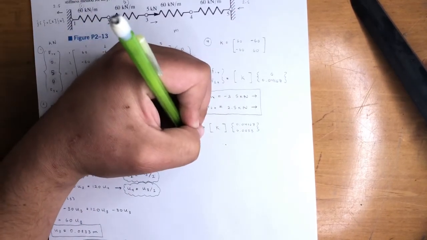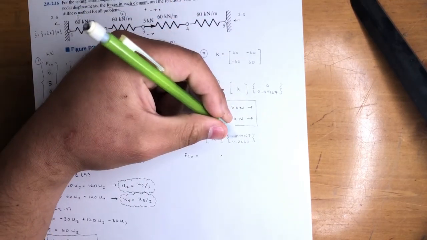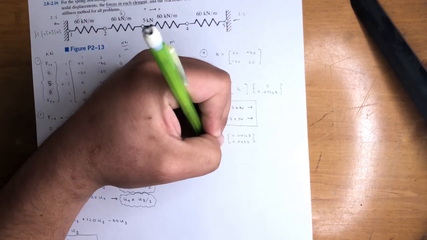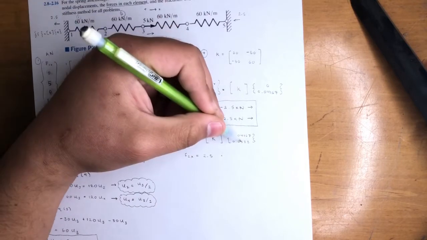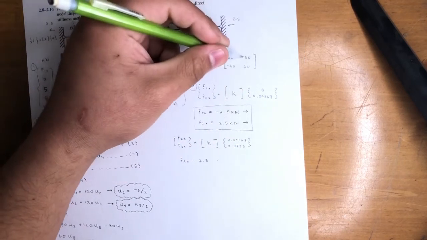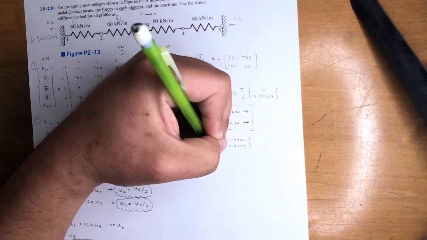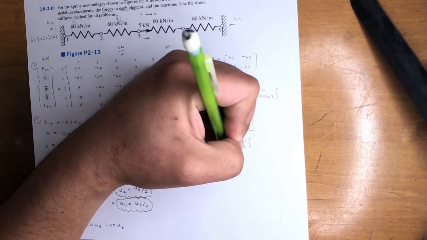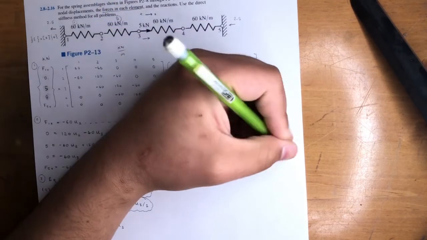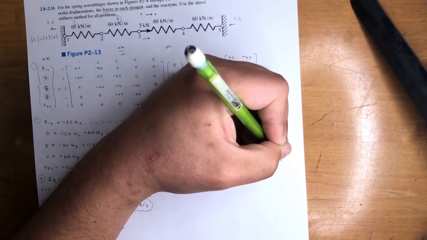So that means F2x is equal to 60 times 0.04167. That is 2.5 positive. Now 0.04167 is half of this number, so the next one's going to be negative 60 times 0.0833, which is negative 5. So that means F2x is equal to negative 2.5 kilonewtons to the right.